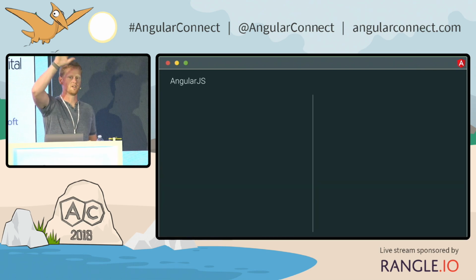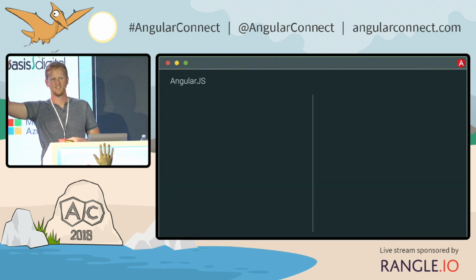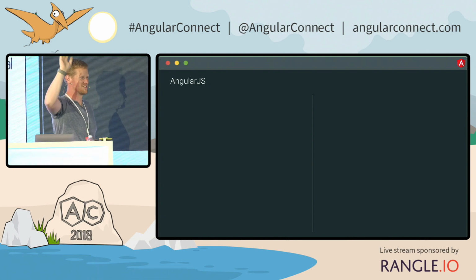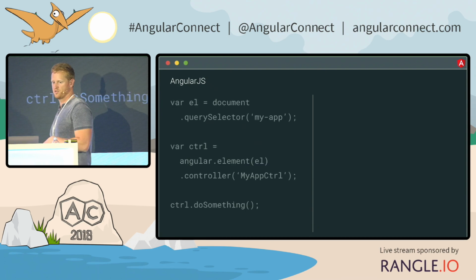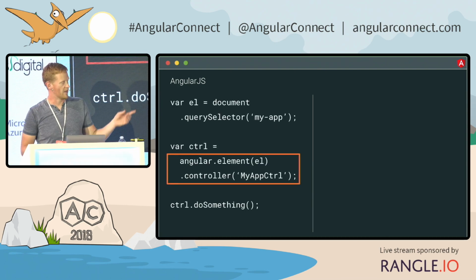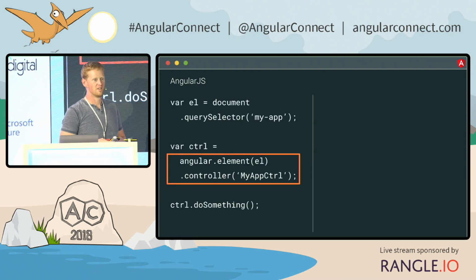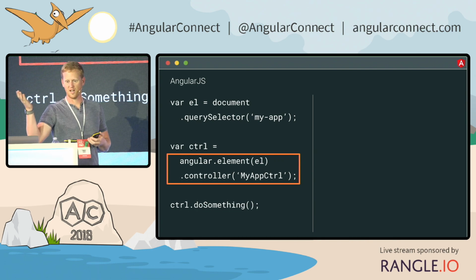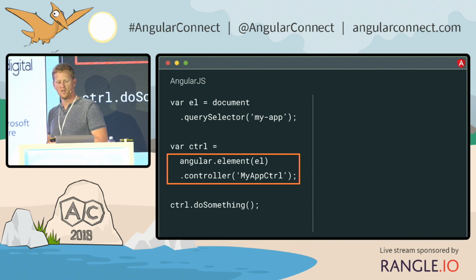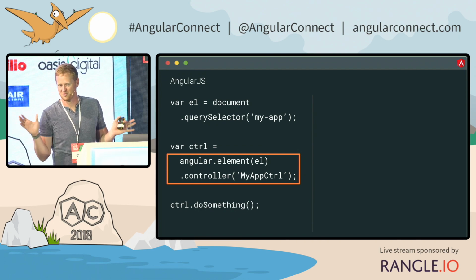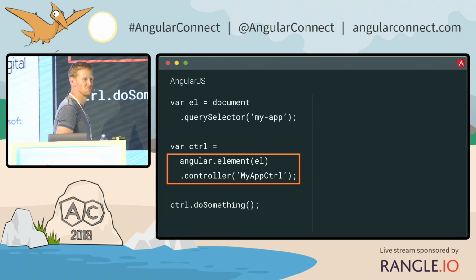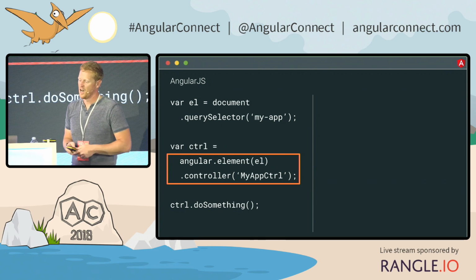Who here has done AngularJS work? Okay, a whole bunch. You remember debugging AngularJS? You remember this API, angular element? Anybody who's used that? Oh yeah. You use that all the time. You can get your controllers, you can get access to that scope thing that some of us remember.